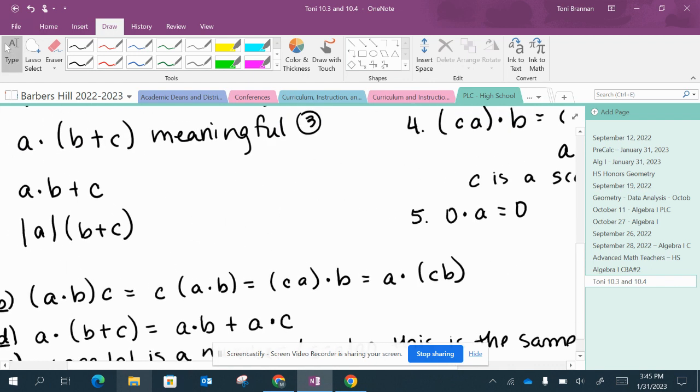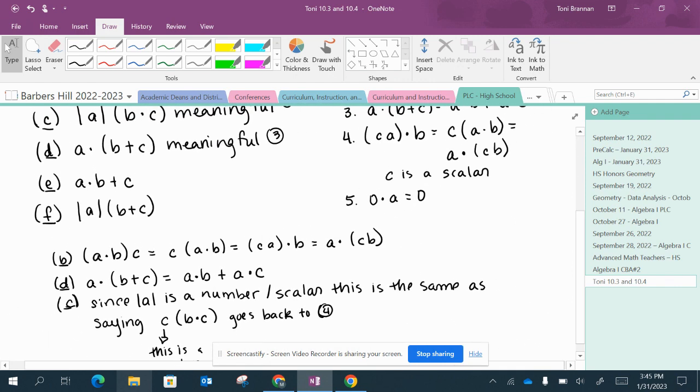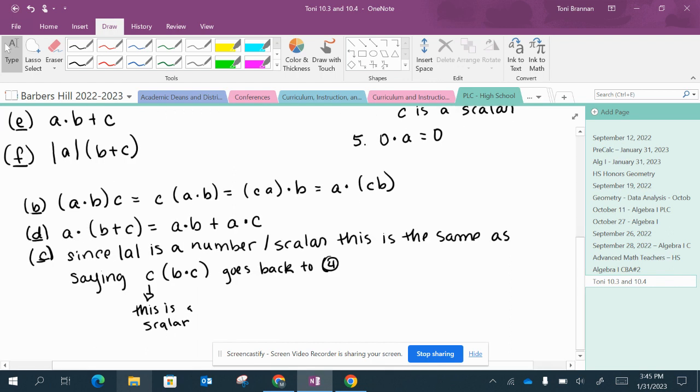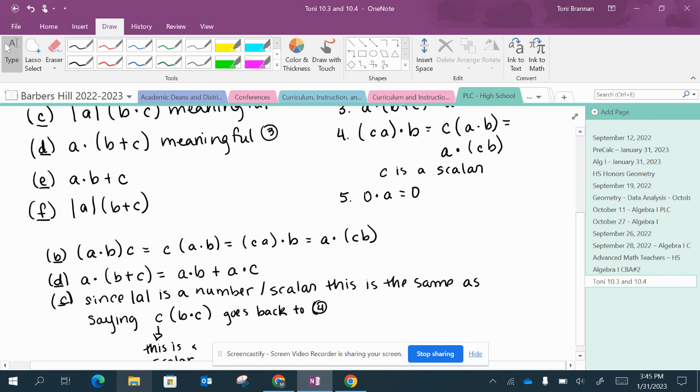Which then will tell me, sorry, I know I'm not real good at running this one, this is really just the scalar C times B dot product C. So that can equal CB dot product of C, that's the scalar.